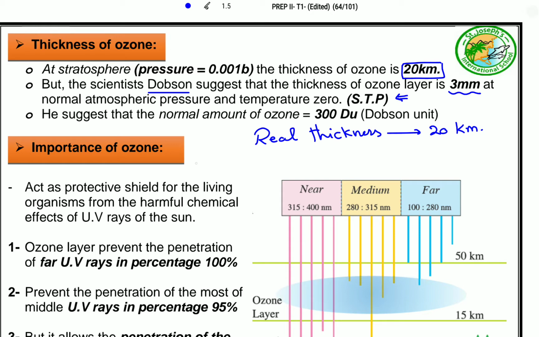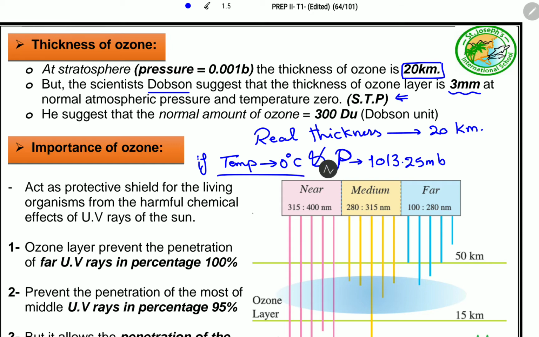But if we change the temperature to make it 0 degrees Celsius, and if we change the atmospheric pressure to make it the normal atmospheric pressure, if you remember from the last lesson, 1013.25 millibars, the thickness becomes just 3 millimeters, and this is according to the scientist Dobson.